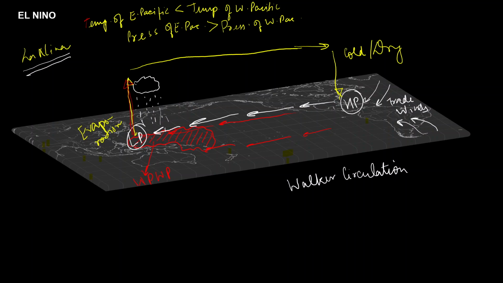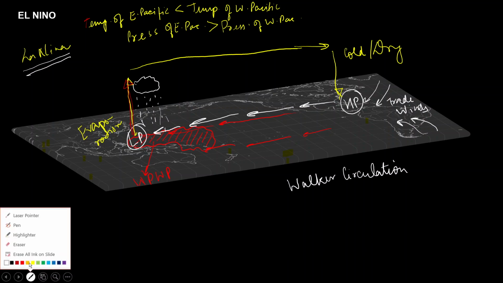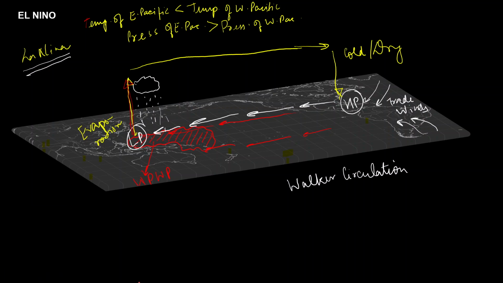During La Nina, the Western Pacific warm pool has a lot of warm water, which leaks to the South Indian Ocean. This phenomenon is called Indonesian throughflow. There is a video of mine on the ITF, Indonesian throughflow, so you can go through that video if you wish to understand the phenomenon.